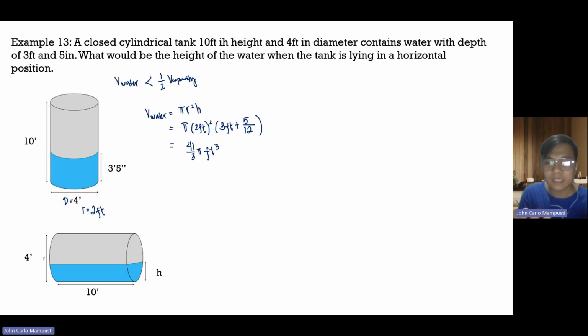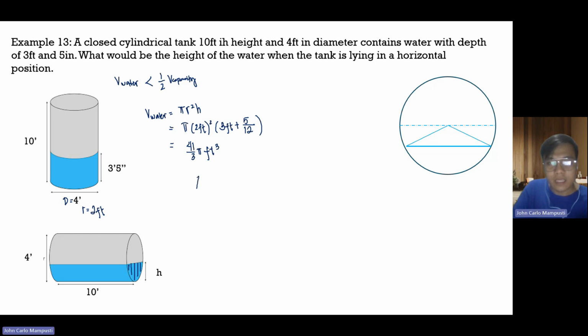So, when we laid it down, we need to find this one. So, to get that, we need to calculate first the area where it is wetted. To find the area, we have AS, the wetted area, times length of 10 feet.